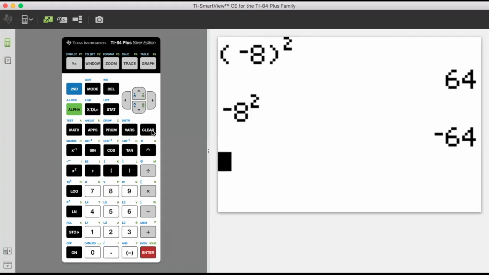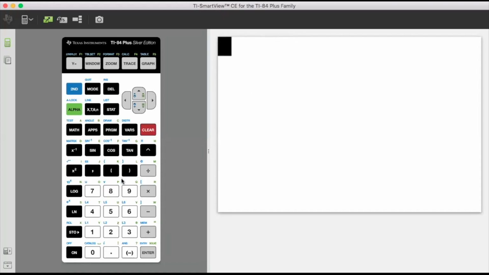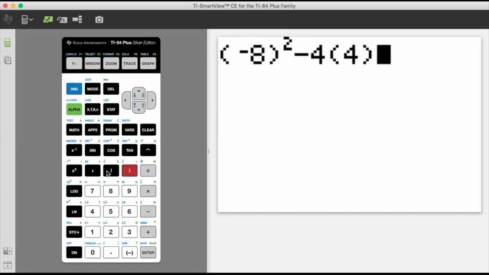So if you always put it in parentheses, you don't have to worry about it. Another common mistake is with the minus sign in front of the 4, so people might accidentally put -4 and get tripped up on that.